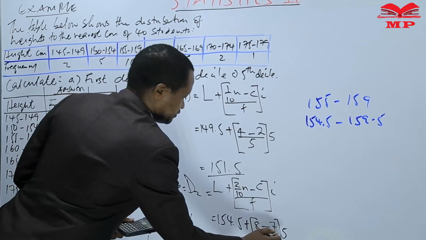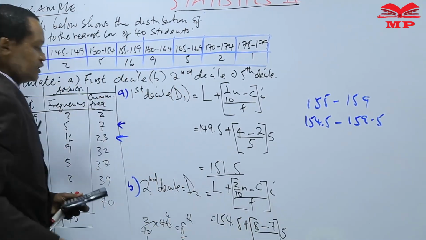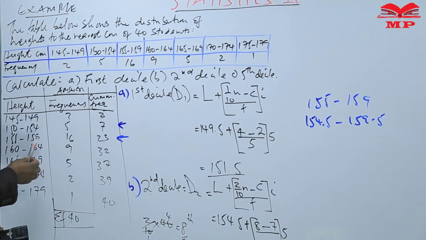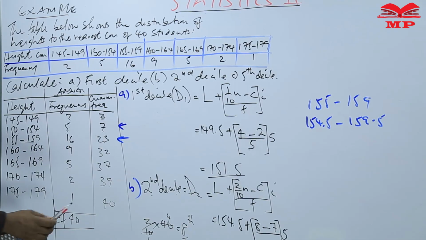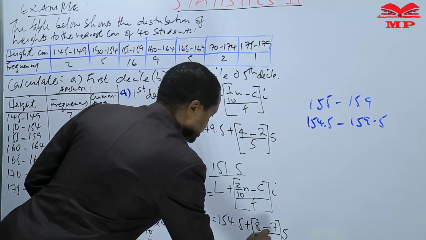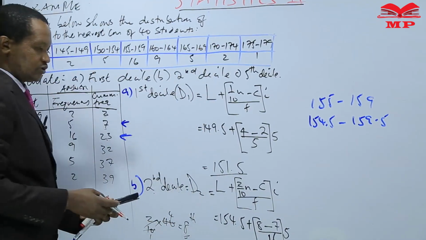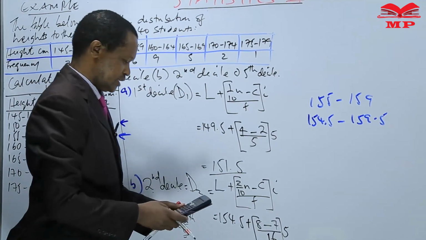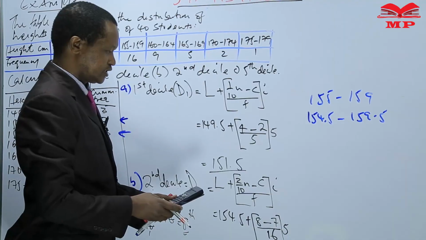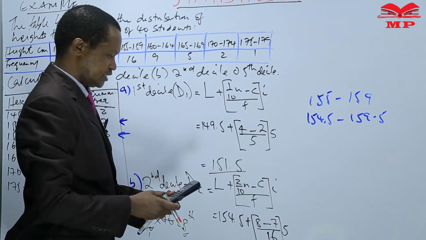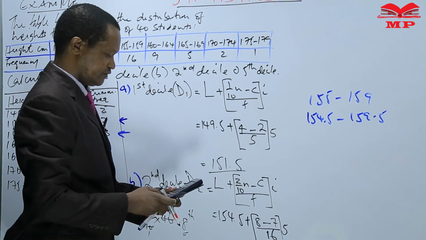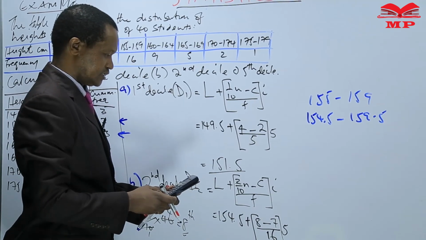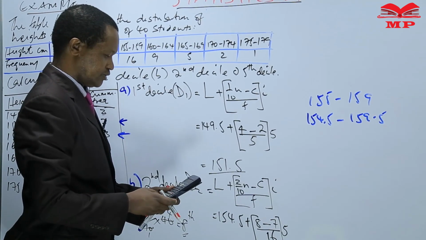Then we divide by the frequency of the second decile class. The frequency of this second decile class is 16. Divide here by 16. So let's work it out. 8 minus 7 is equal to 1, divided by 16, times 5, plus 154.5.